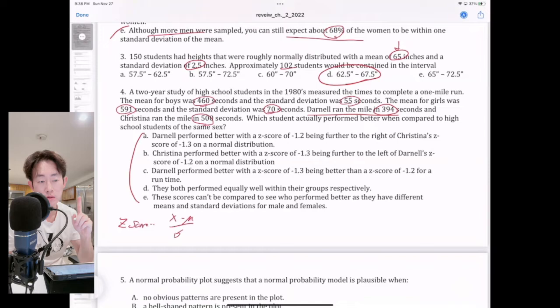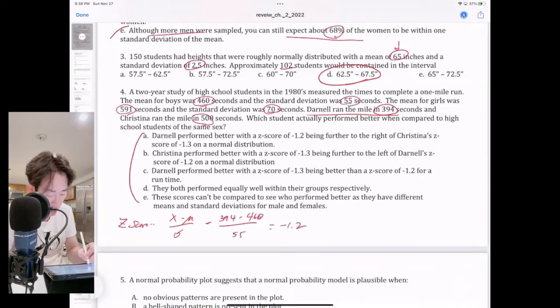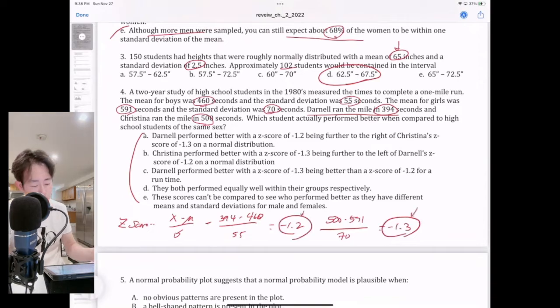It's the value minus the mean over the standard deviation. So for Darnell, 394 minus 460 over 55 should give you negative 1.2. And for Christina, it was 500 minus 591 over the standard deviation of 70, which should give you negative 1.3. So those two are the respective z-scores.